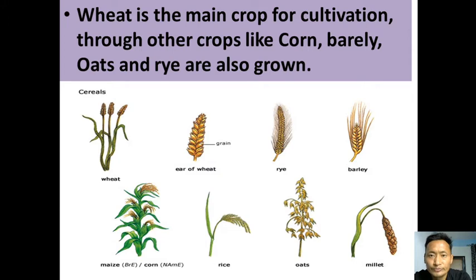They are cultivating crops such as corn, barley, oat, rye, and also rice. These are some of the examples of grains that they are cultivating in extensive commercial grain cultivation.